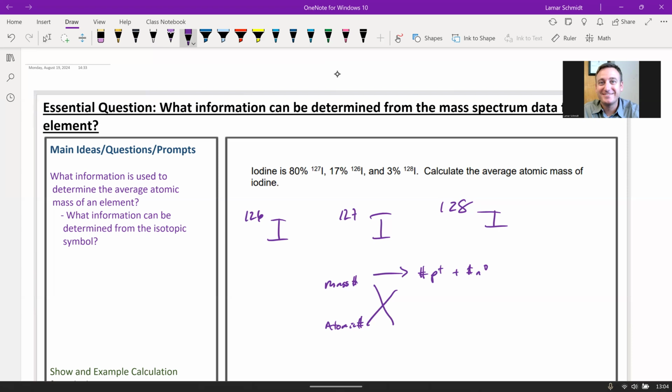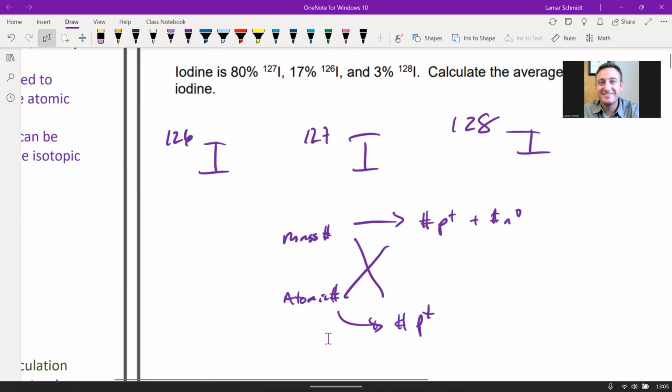And what is the atomic number? It's only the number of protons. So how can we determine the number of neutrons from an isotopic symbol? We take the mass number minus the atomic number, and that gives us the number of neutrons. This is stuff we should already know from last year.